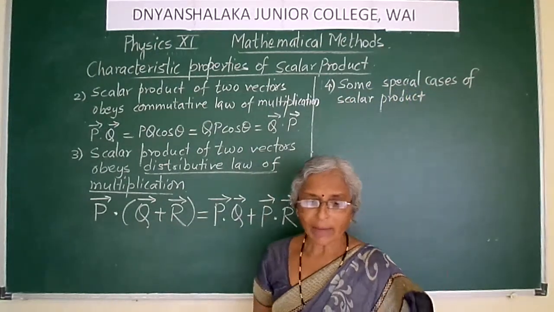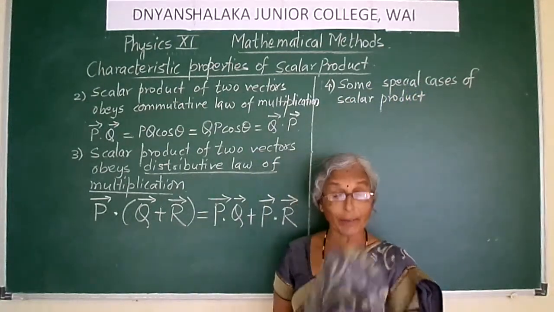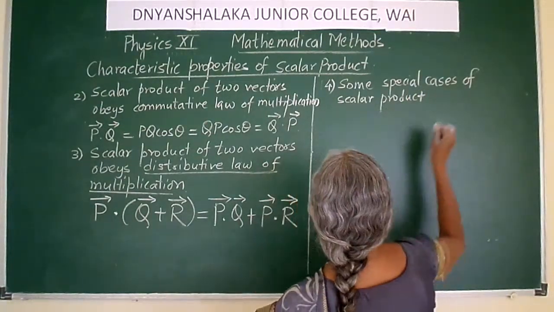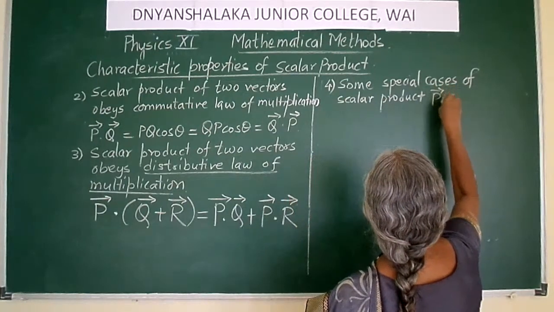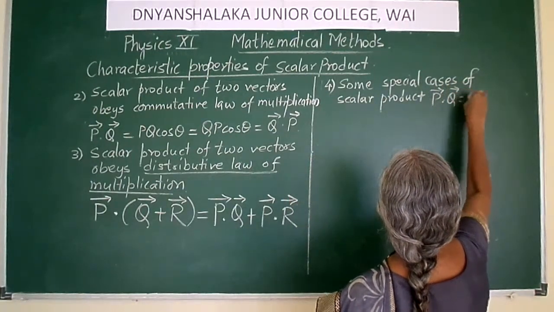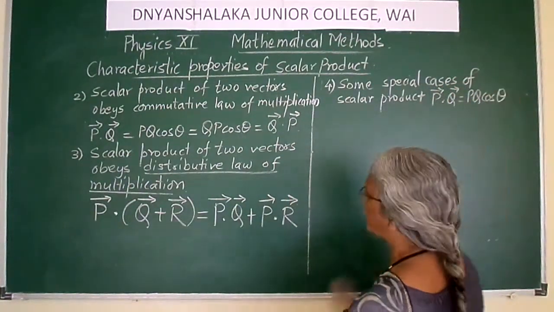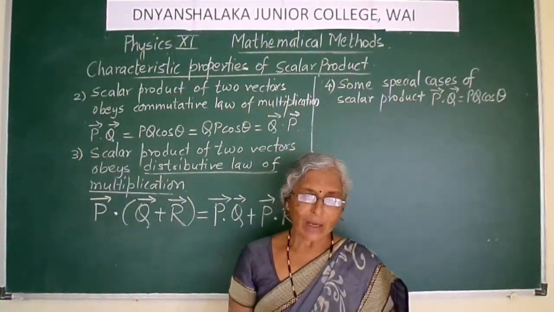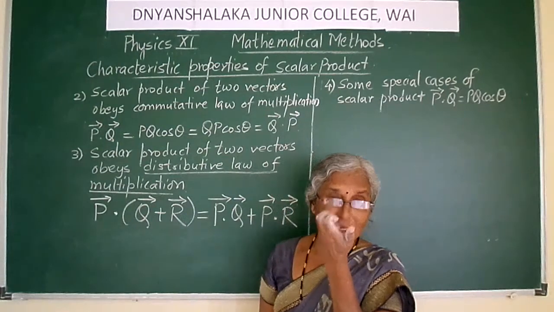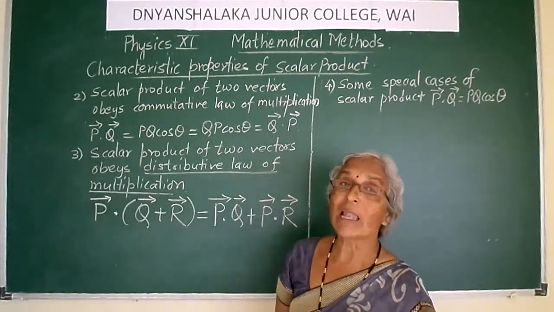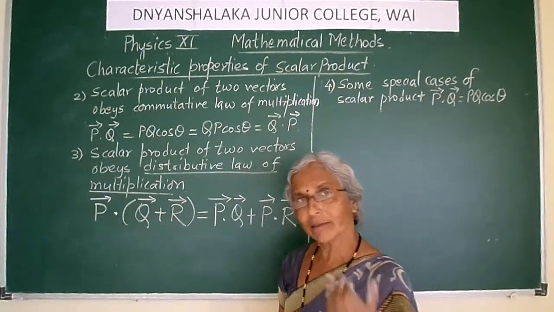Okay, and we will consider the scalar product that we have considered for defining the scalar product, that is vector p dot vector q, which is equal to pq cos of theta. Okay, now what are we going to consider here? Let us consider the value of this angle theta.